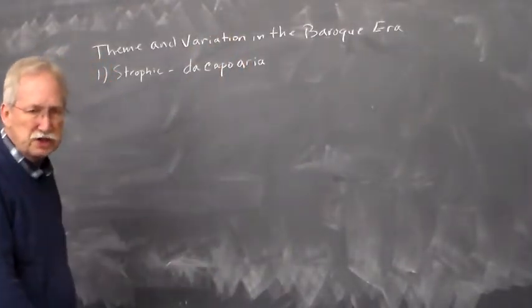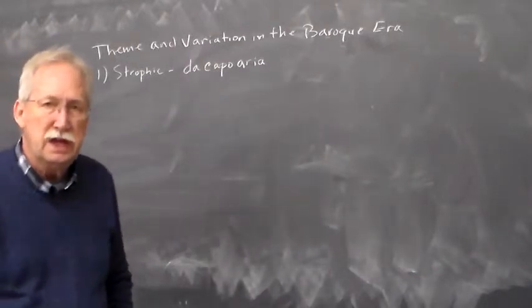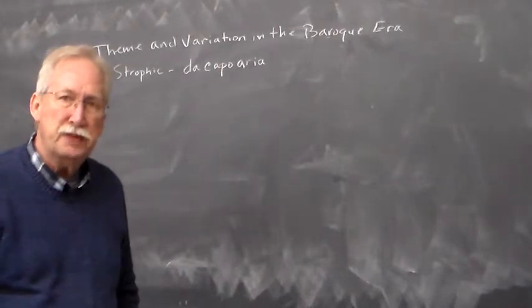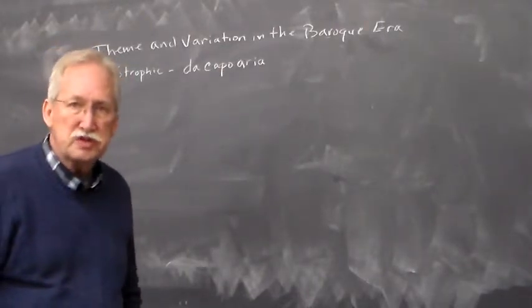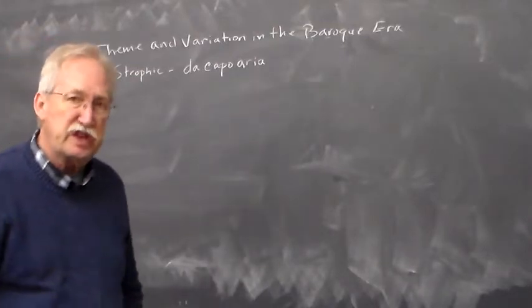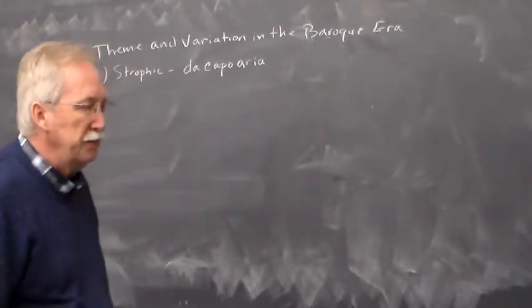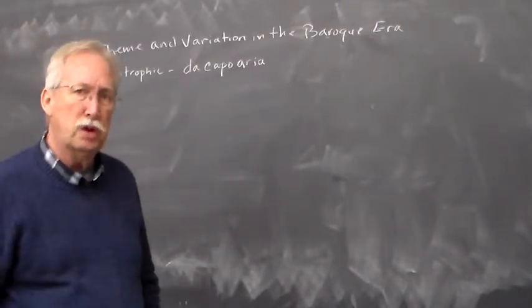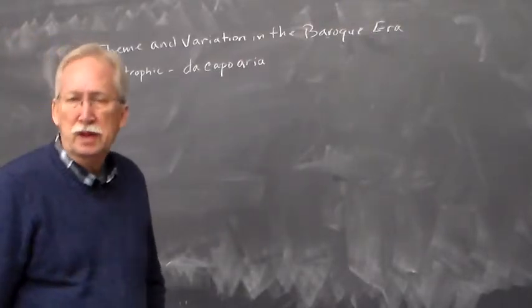This is a structure that develops in opera at the end of the 17th century. Alessandro Scarlatti in Naples develops this with his opera seria. And it becomes a really important type of form associated with the opera.